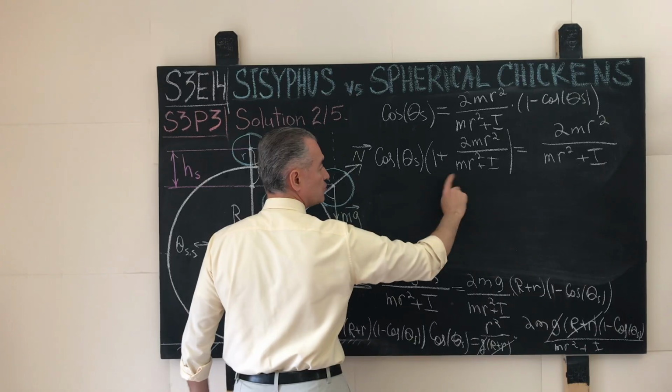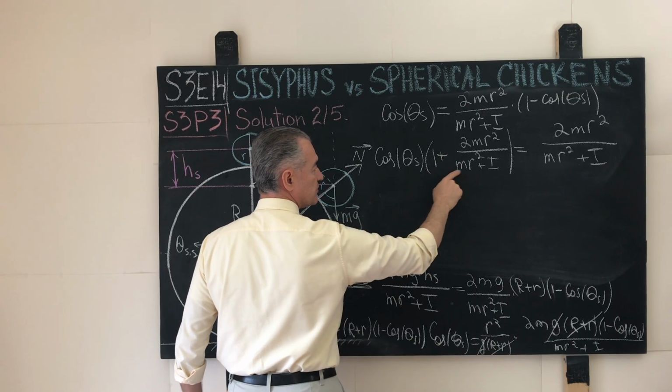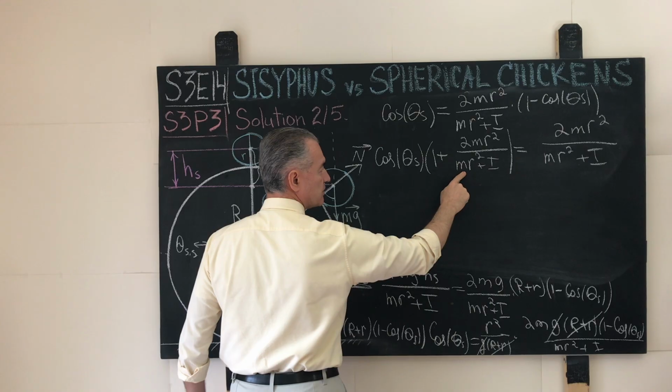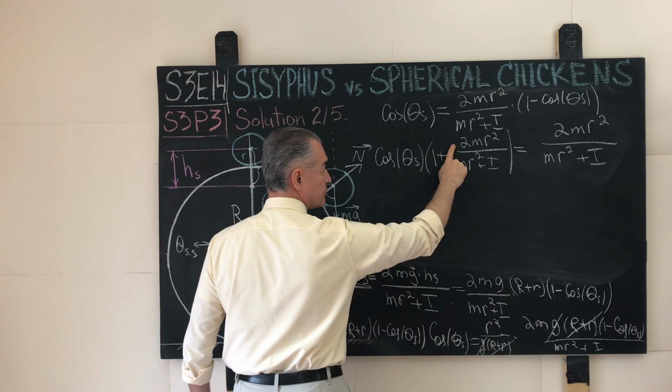So once we bring these two terms to one and the same denominator, mr squared plus 2 copies of it will be 3mr squared.